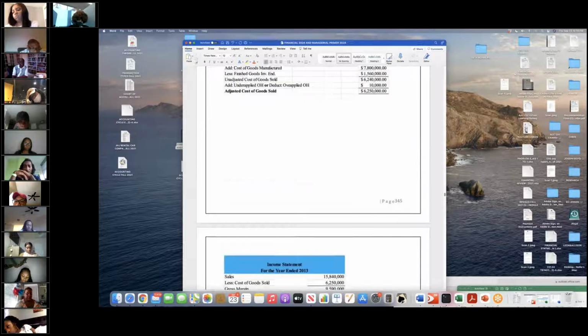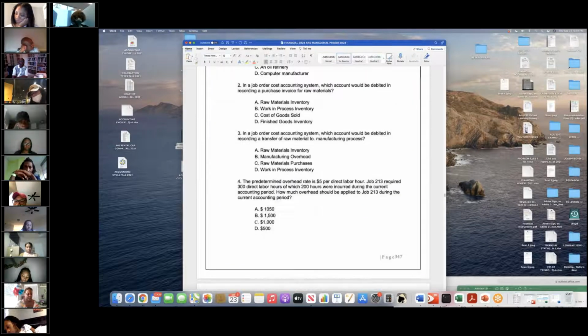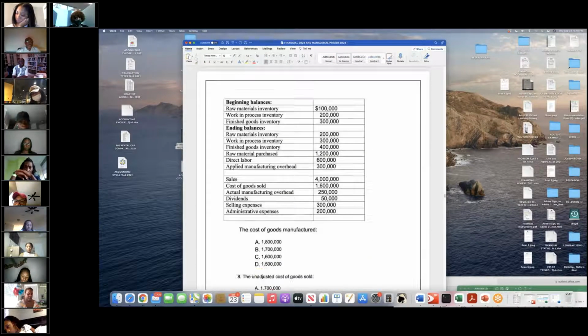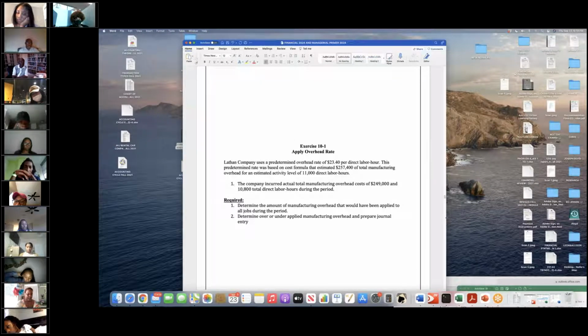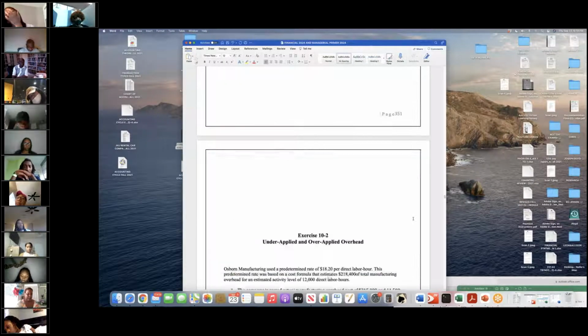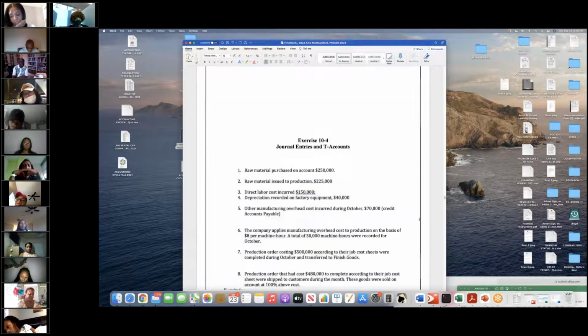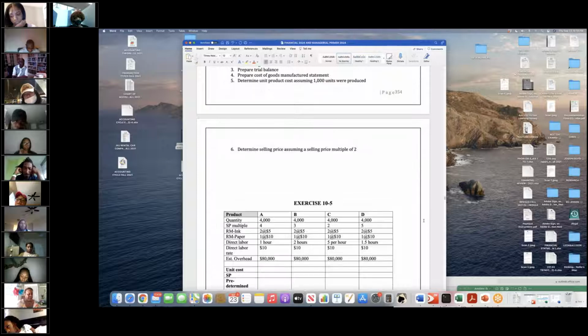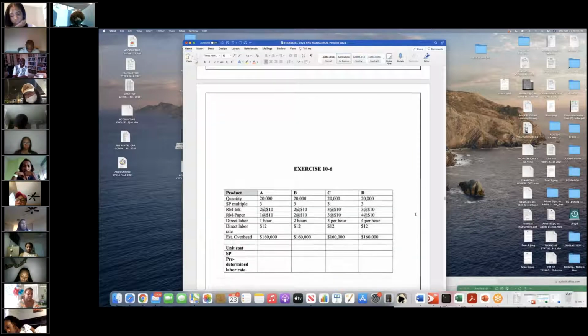So somewhere in the primer, don't worry about the multiple choice yet. Apply manufacturing overhead 10-1, 10-2, 10-3, 10-4. Here they go. 10-5 and 10-6.